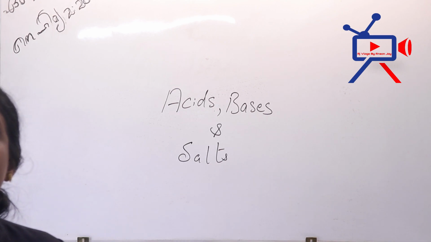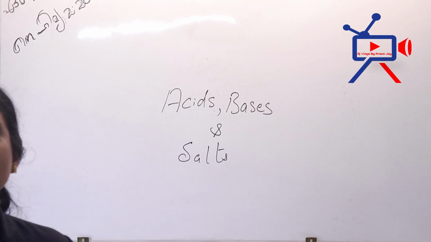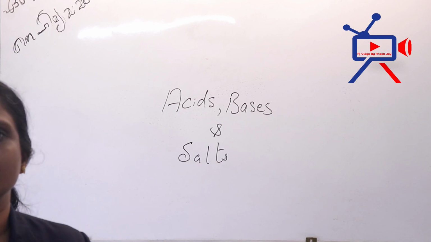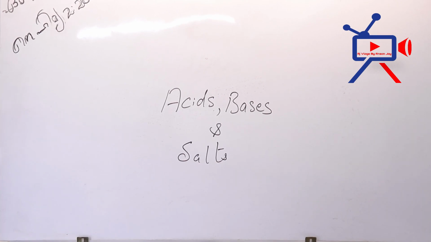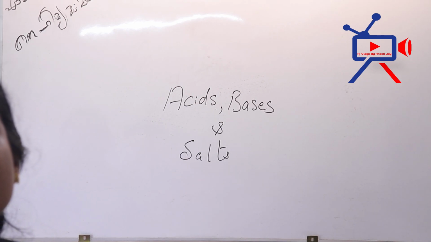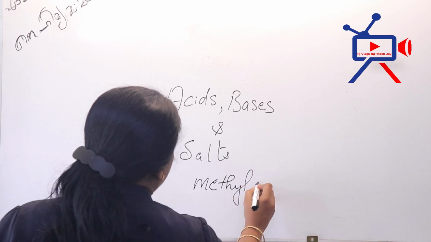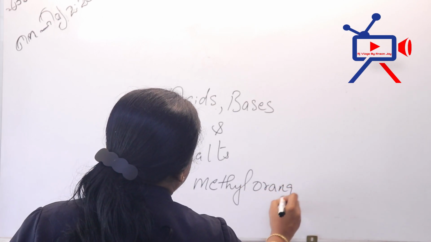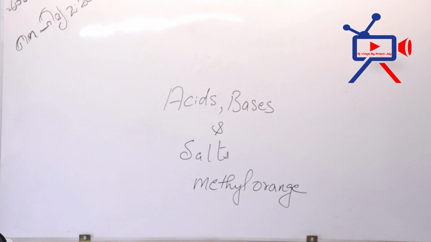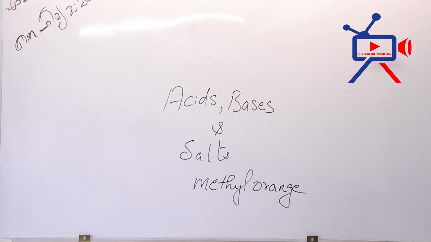There are synthetic indicators also. Examples are methyl orange and phenolphthalein. It is in your textbook; underline both. They are examples of synthetic indicators. So what are indicators?